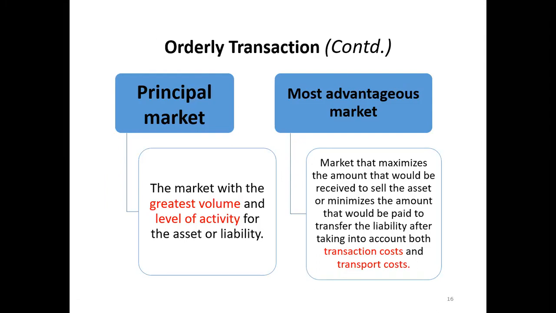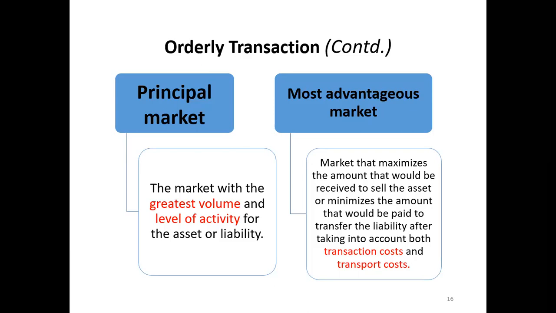For a particular asset, there can be certain markets, no? So for example, if you take a particular product, there can be a wholesale market, there can be a retail market, and there can be an export market. So likewise, there can be different markets for a particular asset. Then out of that, one market can be the principal market. And what is that market?